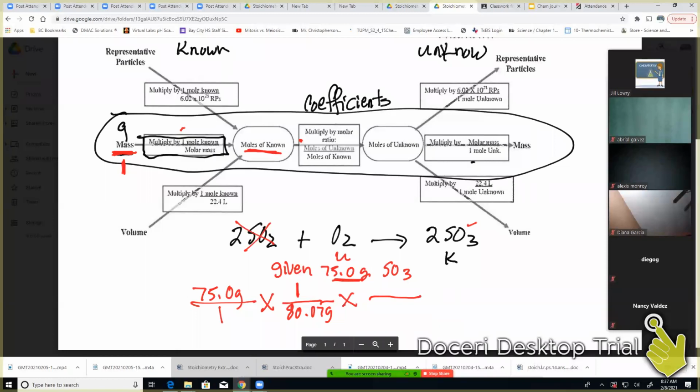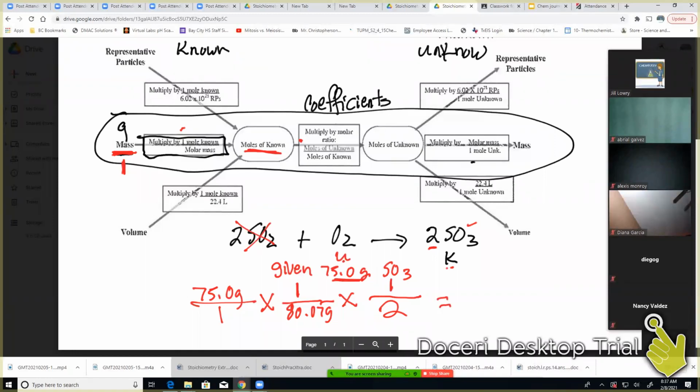Remember that is just coefficients. So my known needs to be at the bottom. How many moles of my known do I have? 2. Remember, this is my known, coefficient of 2. How many moles of my unknown do I have? Which is oxygen. 1.